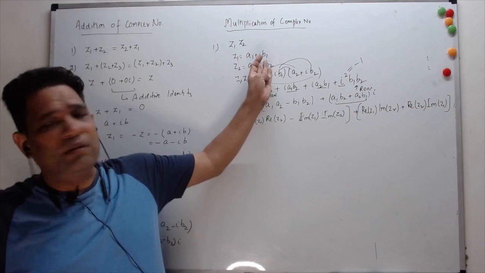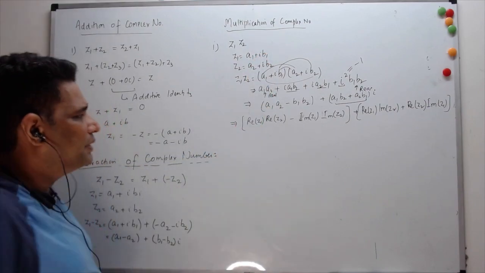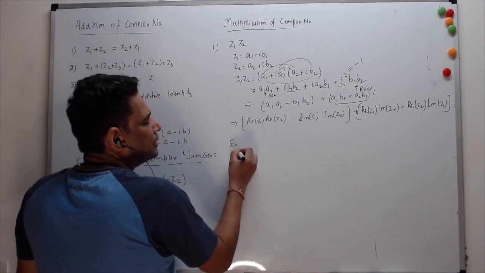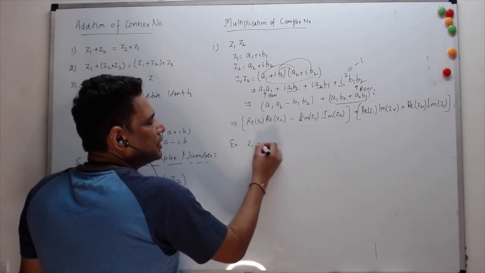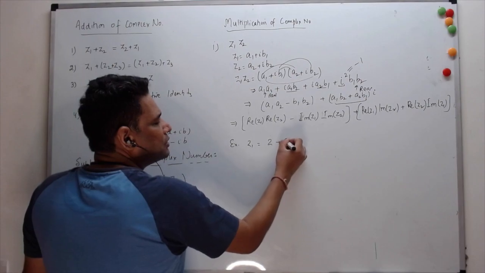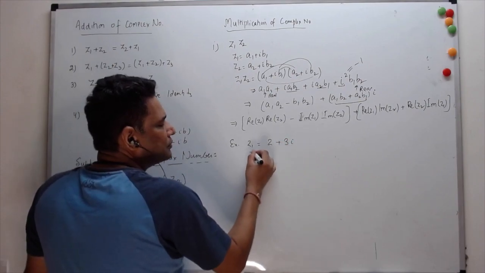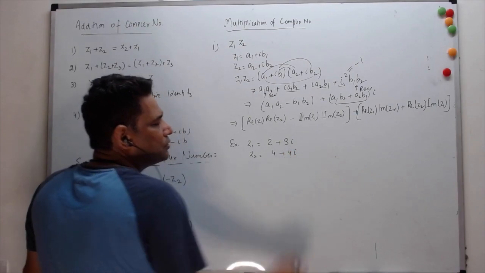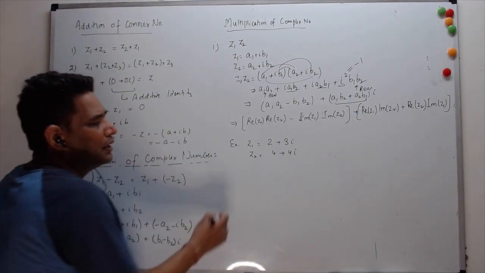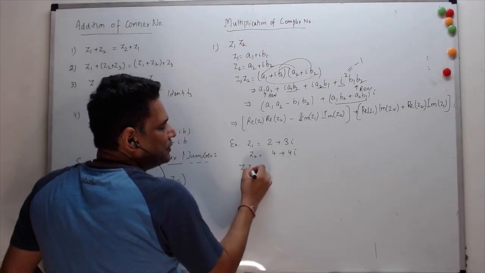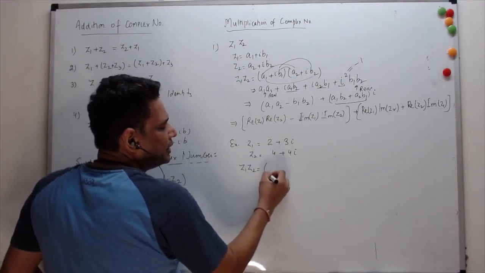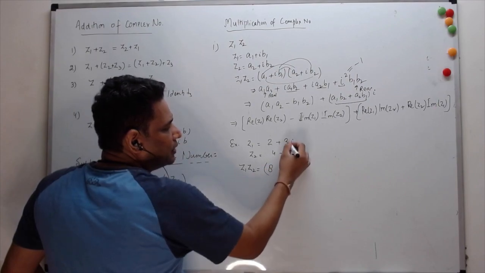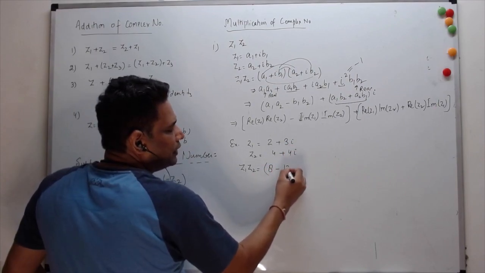But in case some of the values are negative, I could take an example like this. Z1 is maybe 2 plus 3i, and Z2 is 4 plus 4i. So in this case, Z1 Z2 becomes not too biggie: the product of the two, which is 8, minus the product of the two, which is 12.